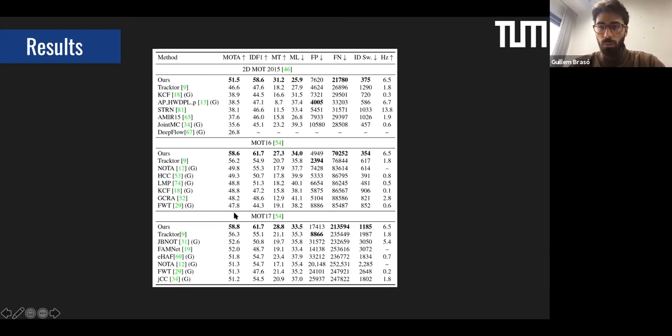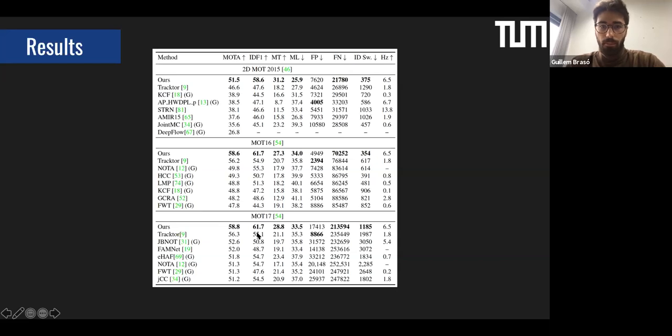And essentially we come out at the top of all 3 among published methods. Here we have Tractor, which, as I said, we use, and which was previously state of the art. We improve here up to 5 points, in terms of IDF1 up to 11 points. Here, again, 7 points, 6 points.